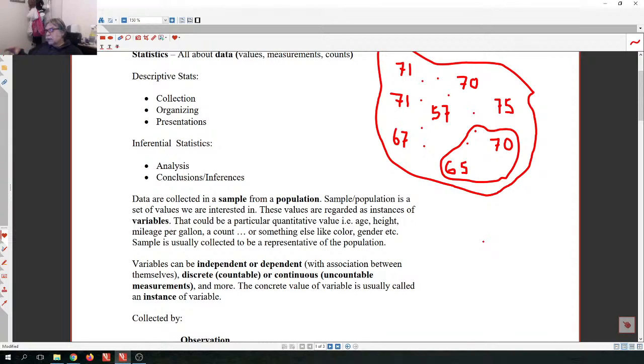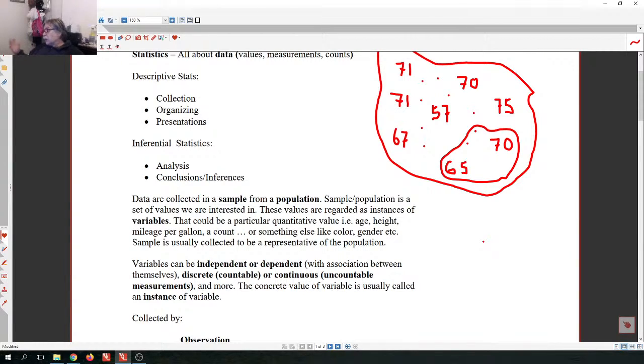Now, a variable itself is a description. When I say the height of an 18-year-old male in the United States, that's a description of these numbers that I have in the population. That description we call a variable.